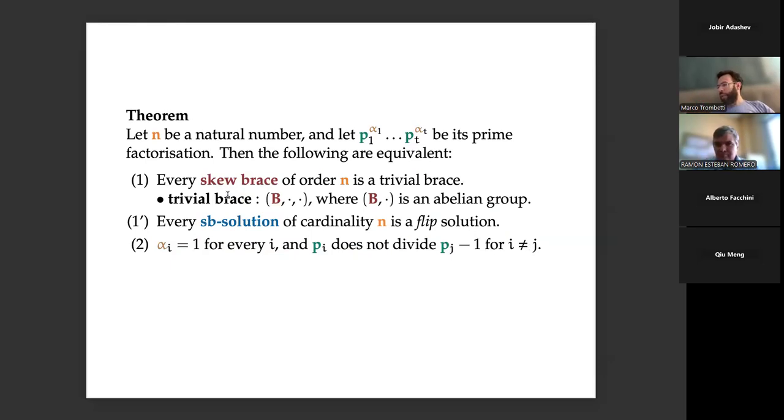But this is not the end, because you may think, okay, let's try to weaken this condition a bit. Here we are asking that every skew brace is a trivial brace, which is quite a strong requirement, because you are asking that it must be trivial and of abelian type. But what happens if we just ask that all skew braces of that order are trivial, but maybe not of abelian type?